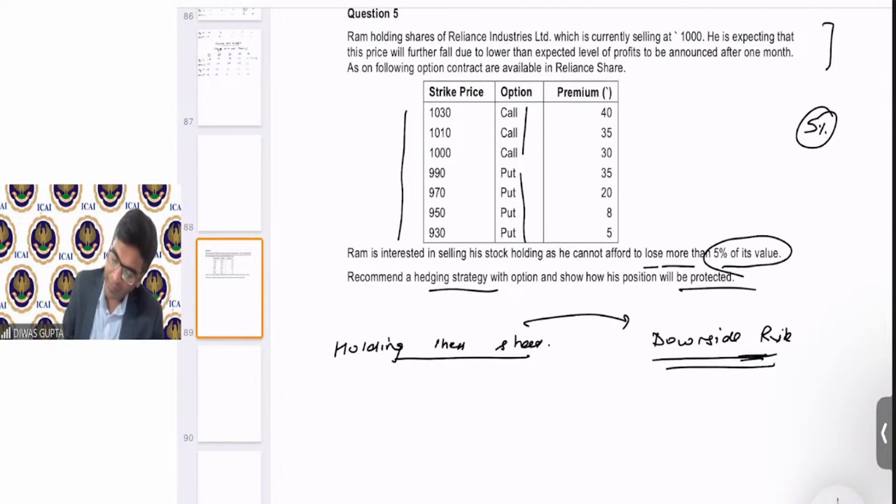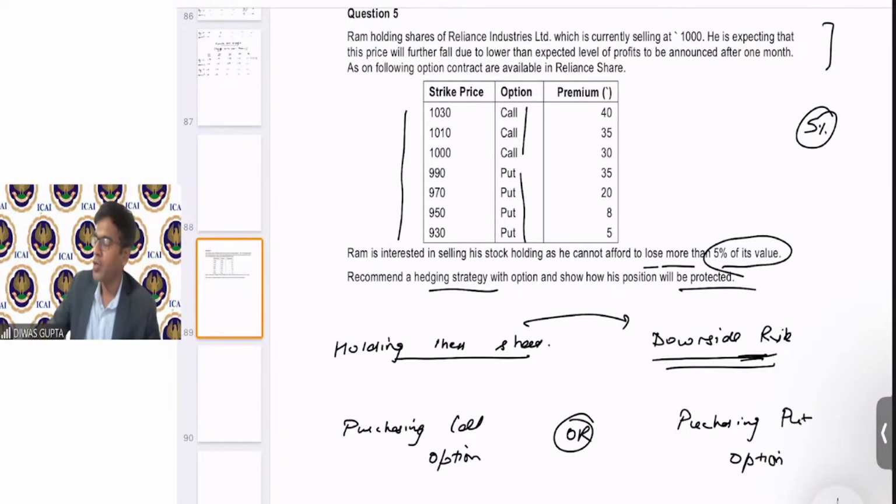By purchasing a call option or by purchasing a put option. Tell me, students, what should Ram do? Whether option 1 or option 2? Tell me. So option 2 is purchasing a put option. Option 1 is purchasing a call option, students.